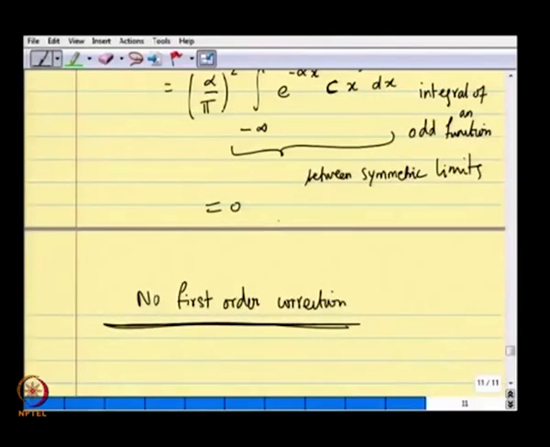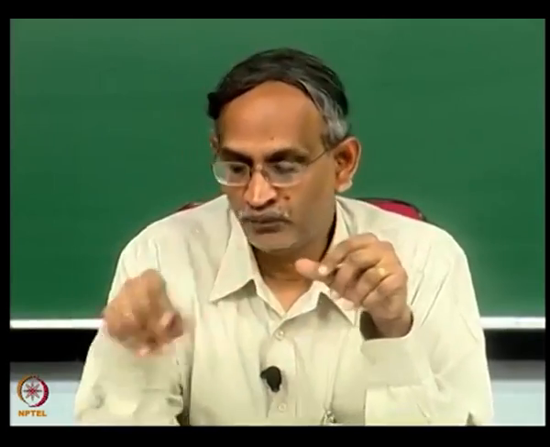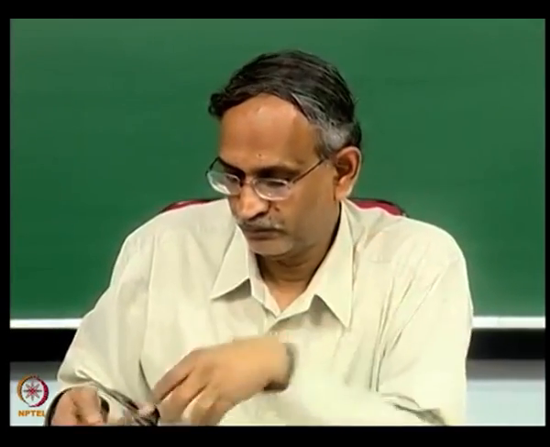Simple result. Therefore, it is not possible for us to say that we will correct this energy. We have to calculate. The first correction to the energy is not first order, but it is second order.